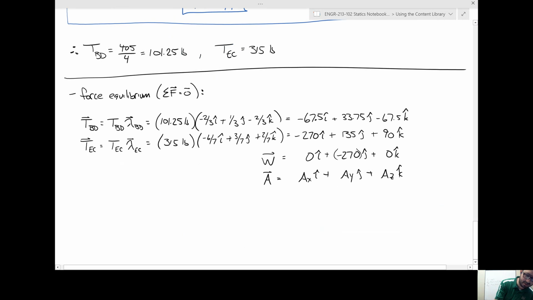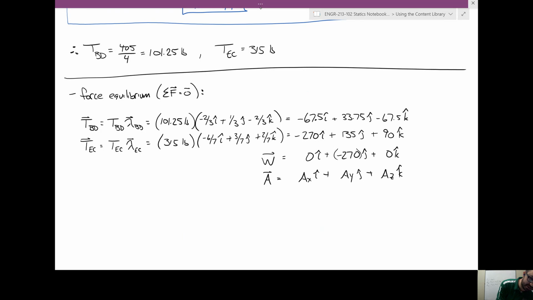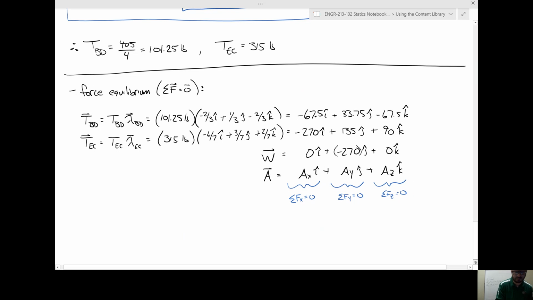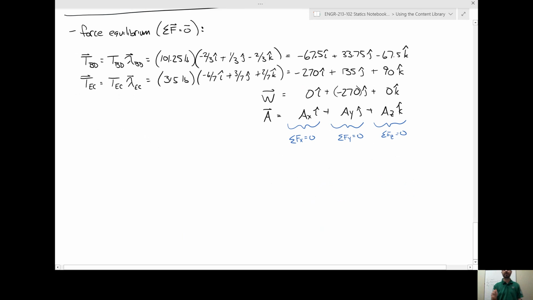I ought to just say, if I look at all those i components, that's the sum of the forces in the X direction. Just set that equal to 0. Sum of the forces in the Y component, set those equal to 0. Sum of the forces in the Z component equal to 0. And it's really easy. Let me show you.